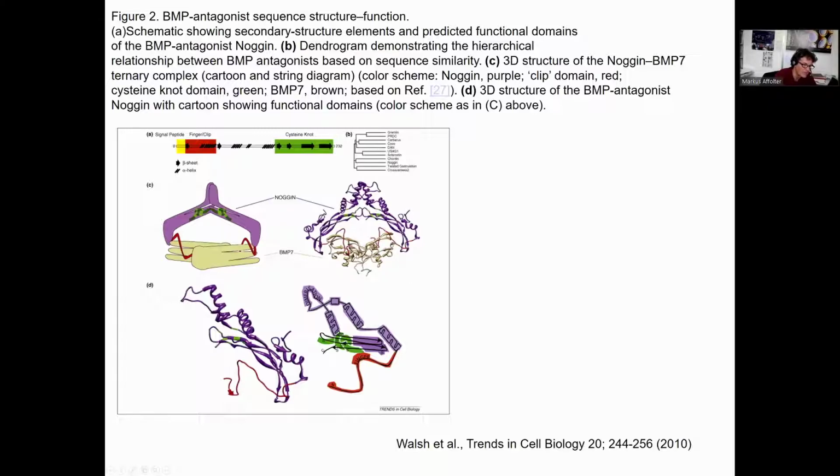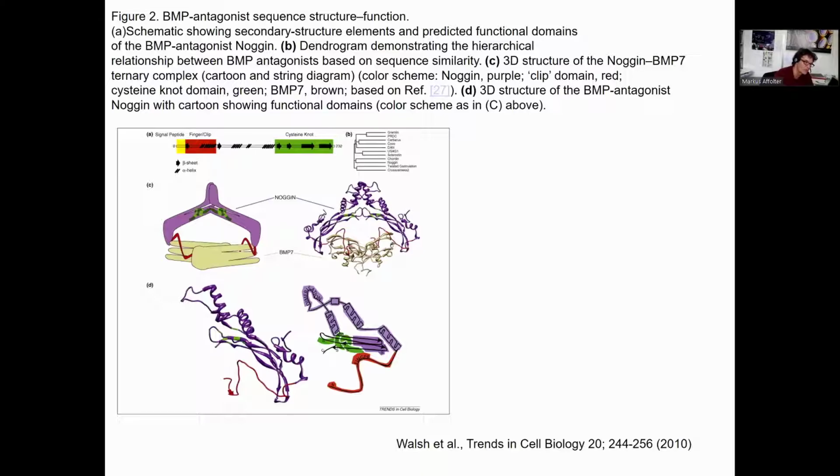He couldn't get this very active, and then he said, maybe I can purify these few molecules that are active by letting them bind to noggin. And he used this trick to purify BMP7, but then what he did is to solve the structure of the noggin BMP complex, because that's the only way he could have his BMP7 active.